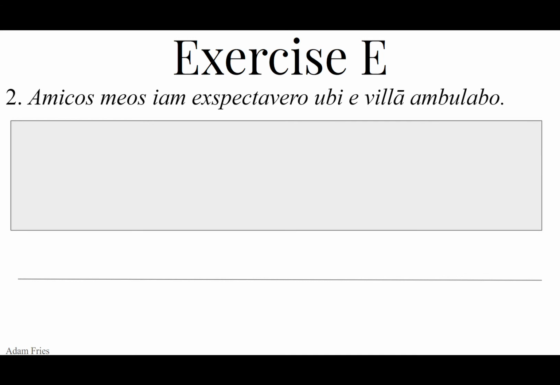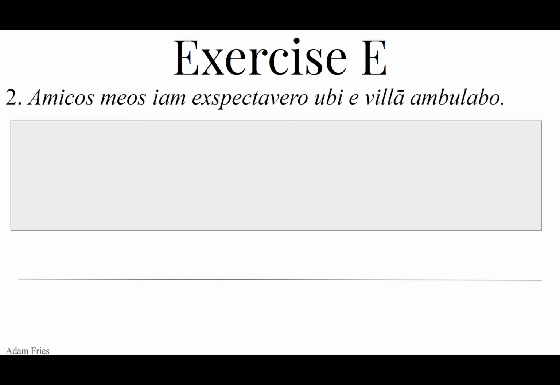Ubi, ubi. Where or when, if we're asking a question, interrogative, we'll have a question mark. Or it's introducing a temporal clause, like in the previous sentence. Ubi e villa, where or when, e, out of the villa, this is the ablative, villa, ae, feminine, farmhouse.